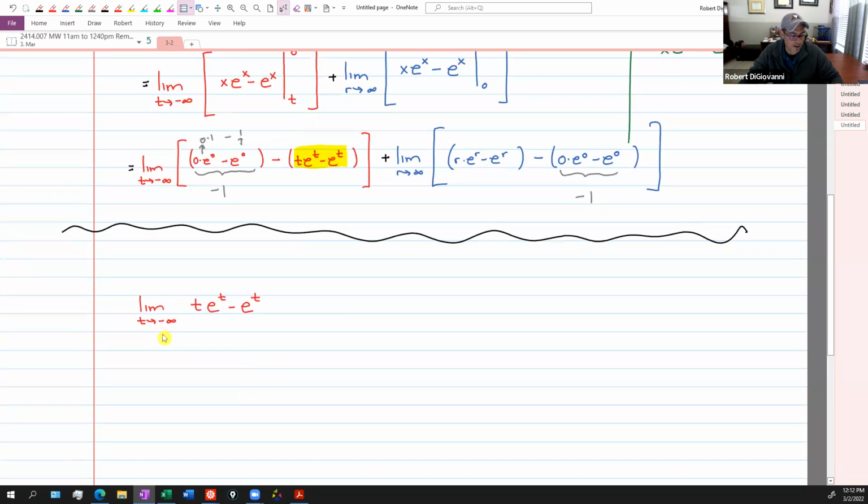Okay, so how can I do this? If I let t go to negative infinity, here's what's going to happen. This is going to go to negative infinity times this. Okay, we have to be careful here. t is headed to negative infinity. So what does e to the t do when you go to negative infinity? We'll go look at the graph. What does e to the x look like?